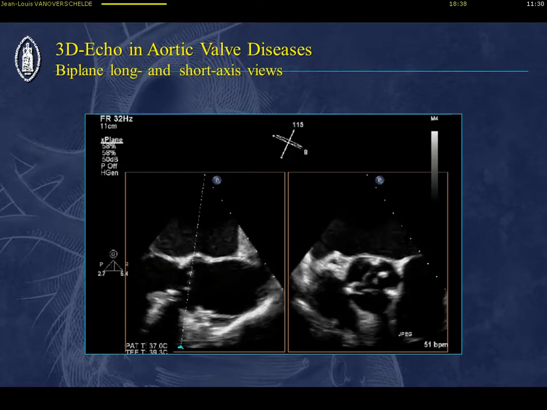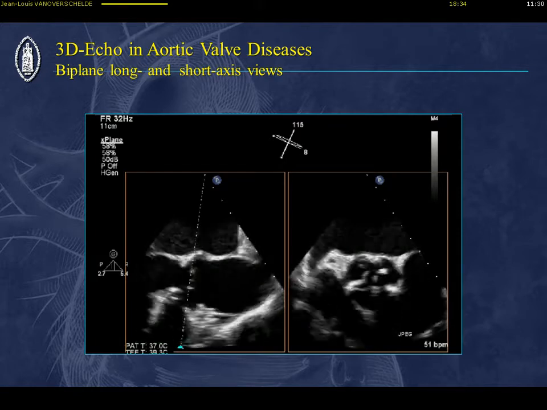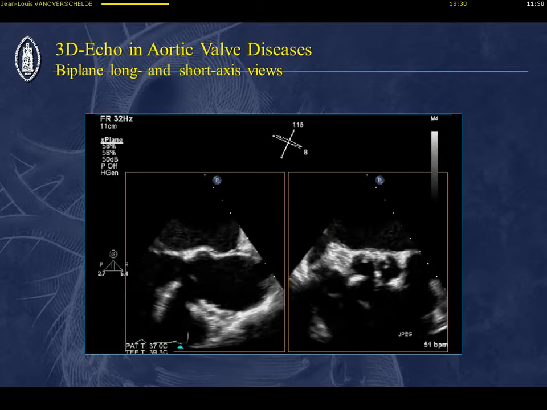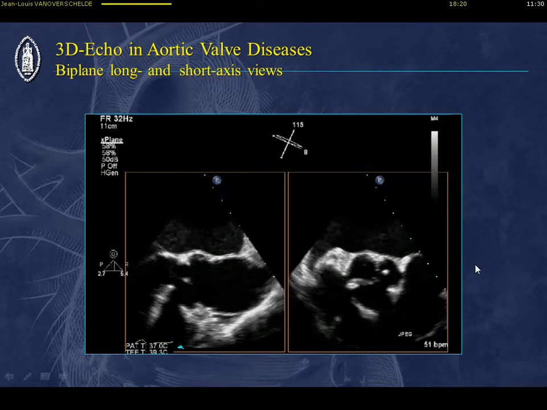You can use the biplane capabilities of 3D echo to make a more appropriate planimetry than you could by simply steering across the valve in 2D mode in short axis, and here you can decide really to make your measurements at the tip of the valve, see the opening and then make the planimetry.